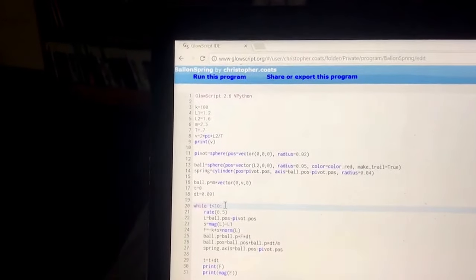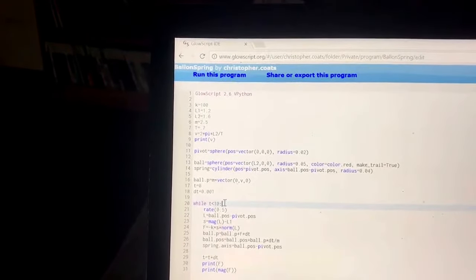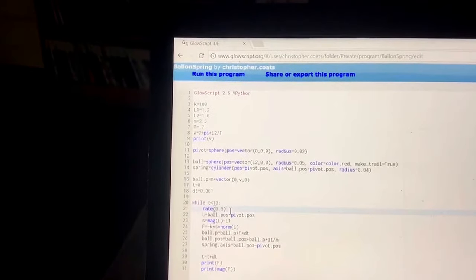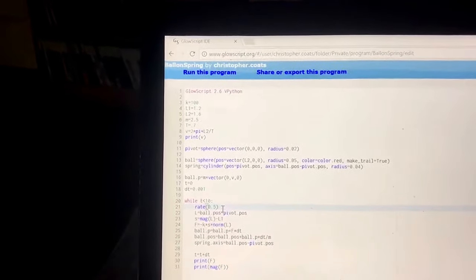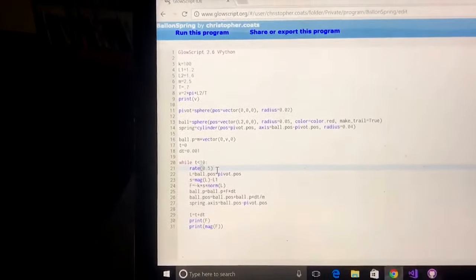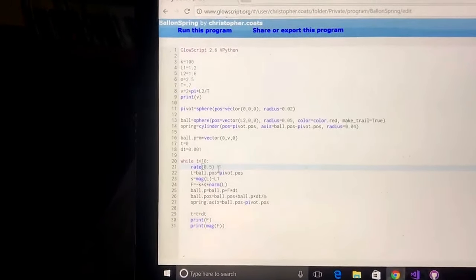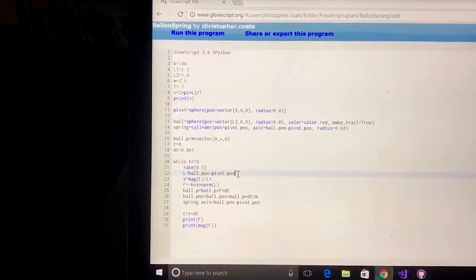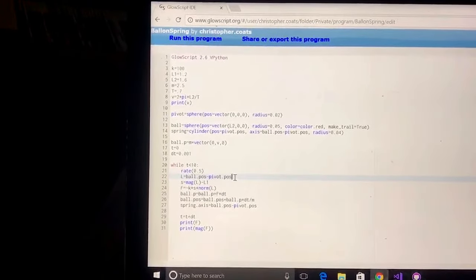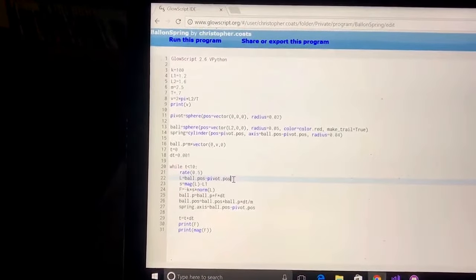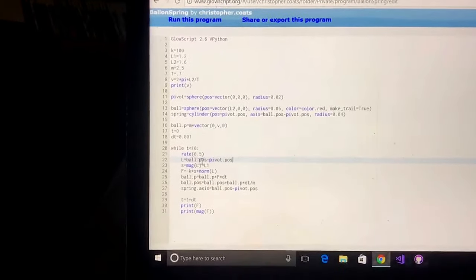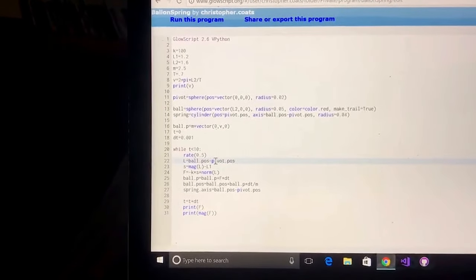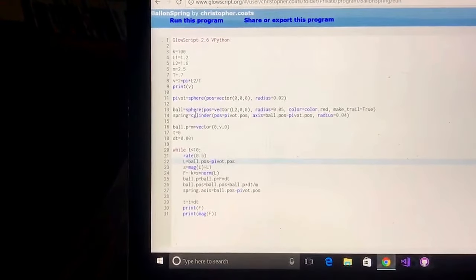So then while the time is less than 10, at a rate of 0.5, that way you can keep up with it and write down the numbers that are printed out. The length, or L itself, is the ball's position minus the pivot's position.